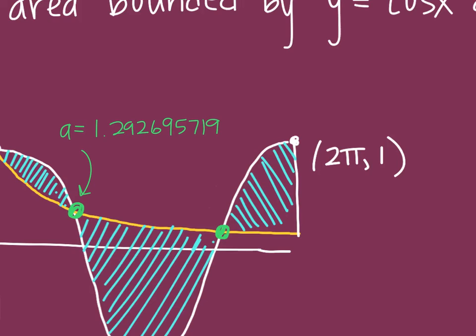Okay, now we want to do B. So B is 4.721992759. All right.